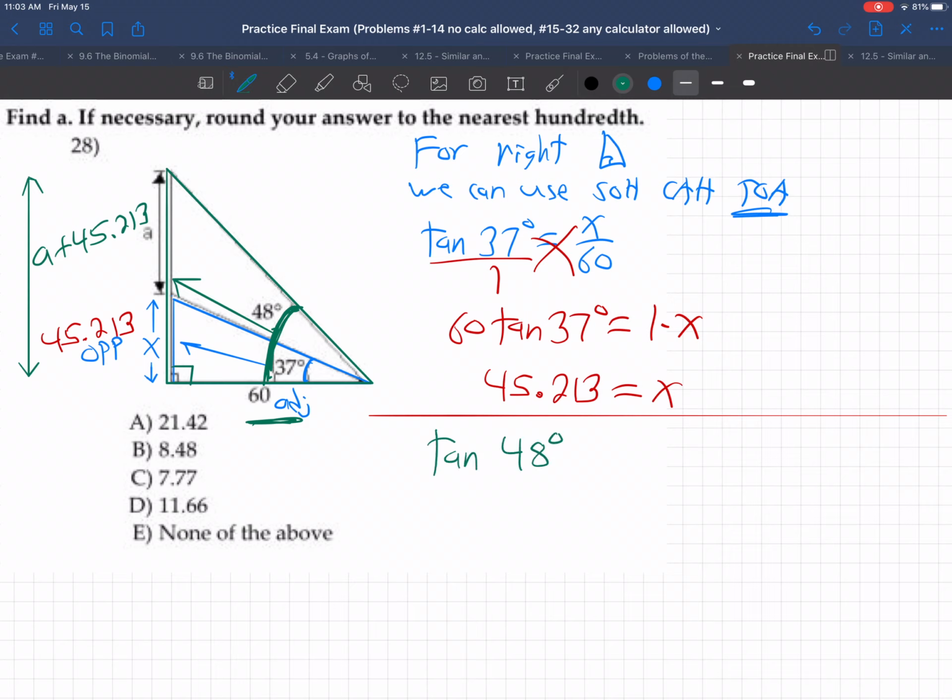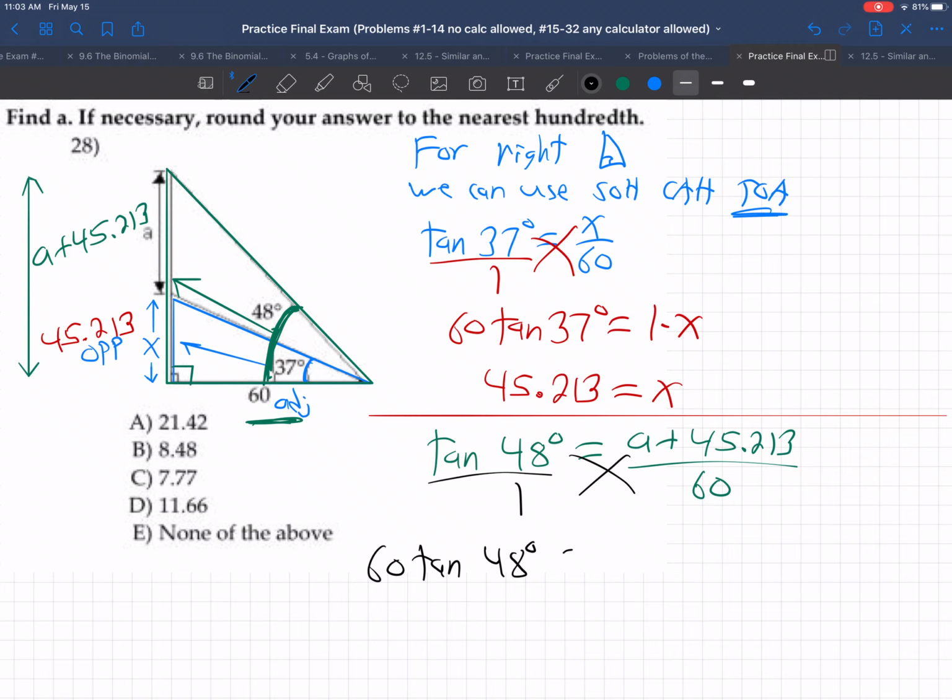Tangent of 48 degrees is opposite, which is A plus 45.213 over 60. All right, so how do I solve that? Just like I did a second ago, put this over 1, diagonal, diagonal. 60 times tangent 48 degrees is 1 times A plus 45.213.